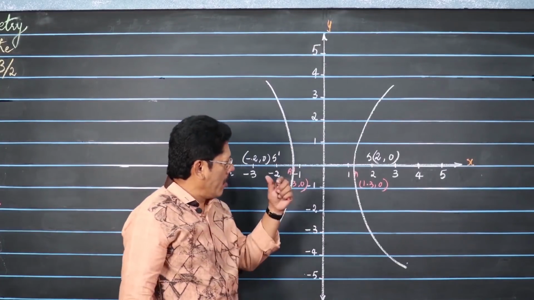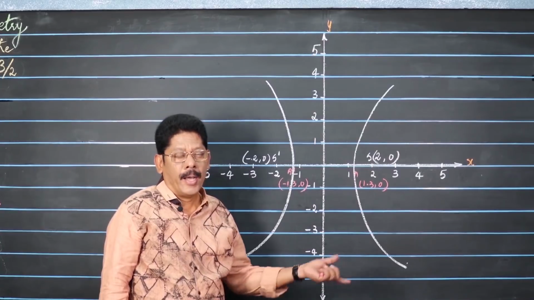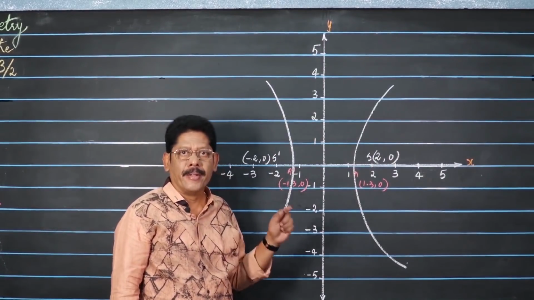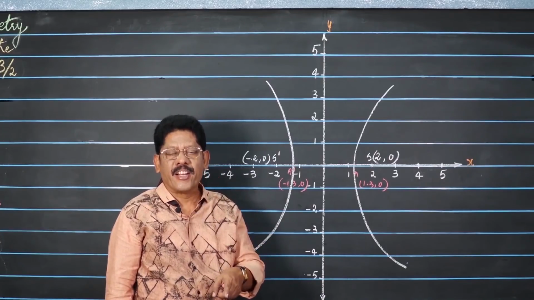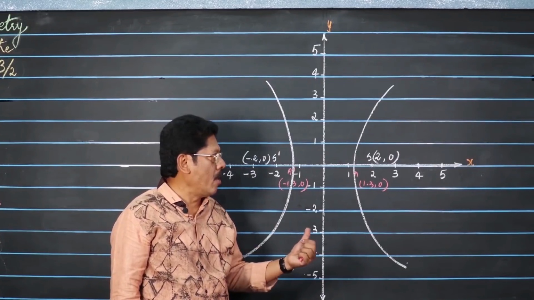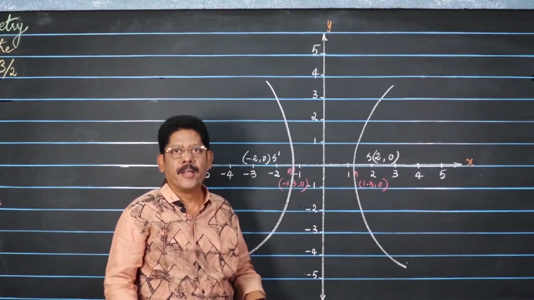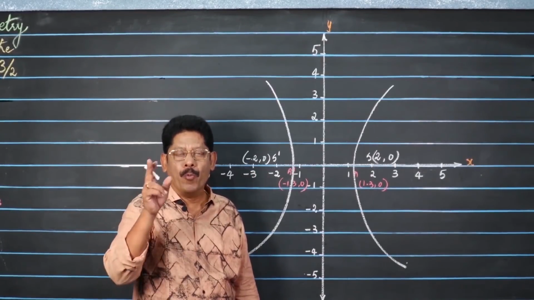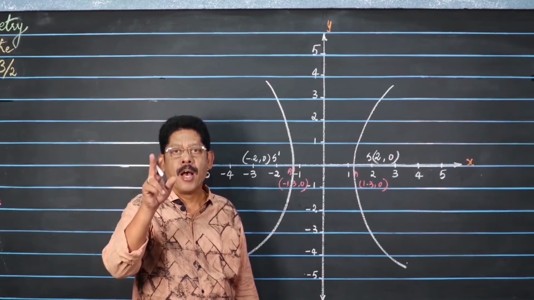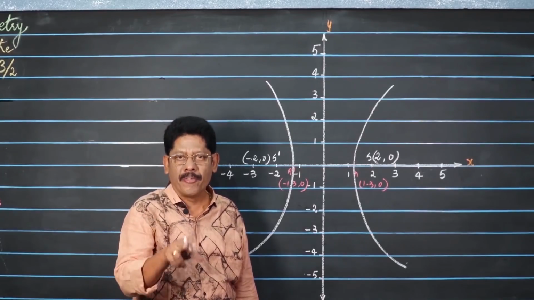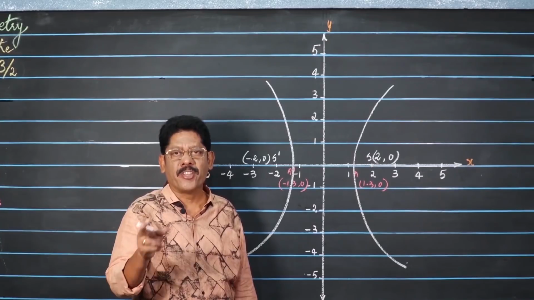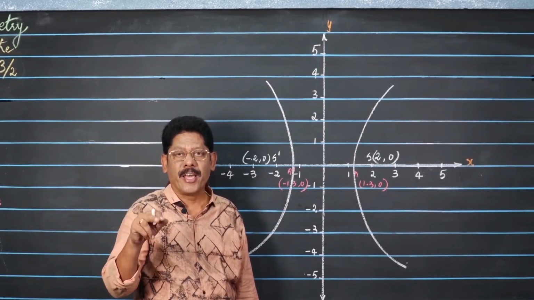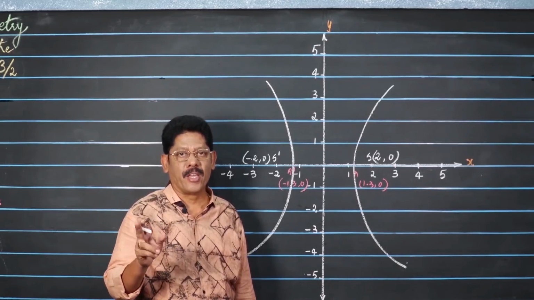On plotting the given data and the acquired data, we can determine that the transverse axis is along the x-axis. Therefore, the equation of the hyperbola with its transverse axis along the x-axis will be of the form x minus h the whole square by a squared minus y minus k the whole square by b squared is equal to 1.